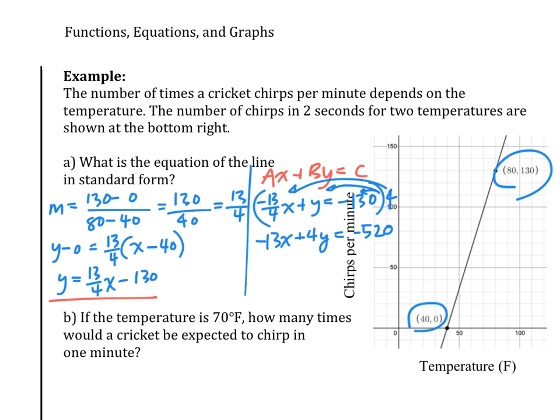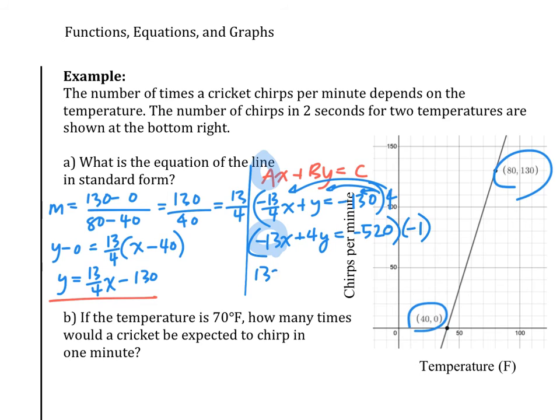Again, try to just do it in your head or do it on the side. Try to not use your calculator as much as possible. Okay, now is this in standard form? It's closer, but it's not quite because a has to be positive. This a is negative, so what we need to do is multiply everything by a negative 1. That would turn that into positive.